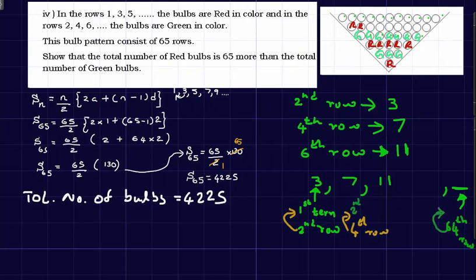We have to divide by 2. Or to put it another way, 64 is which even number? That's the 32nd. So this green color progression will have 32 terms.